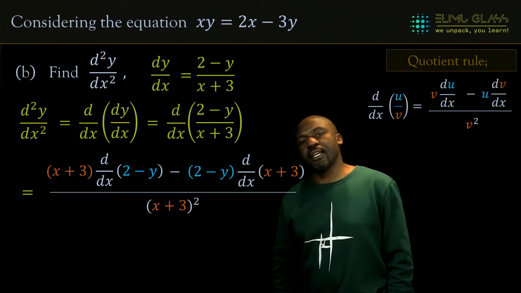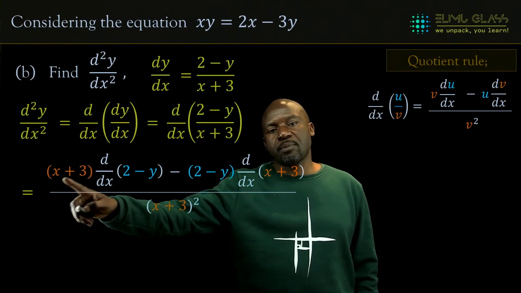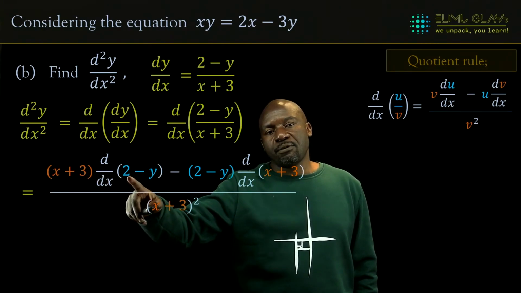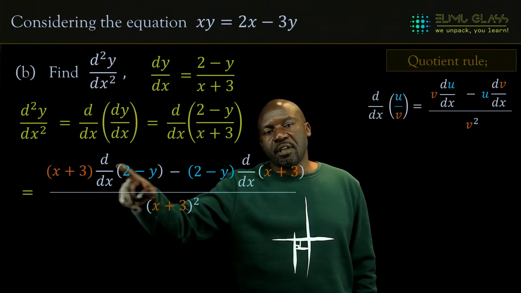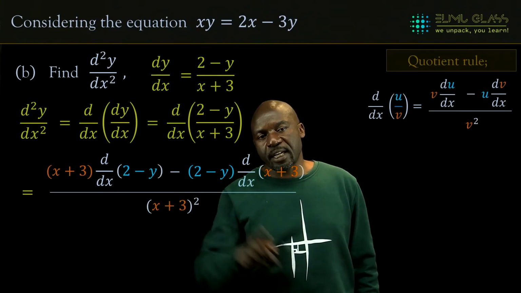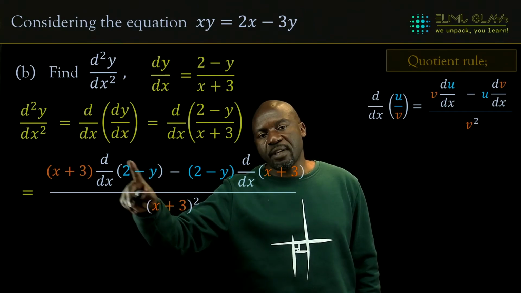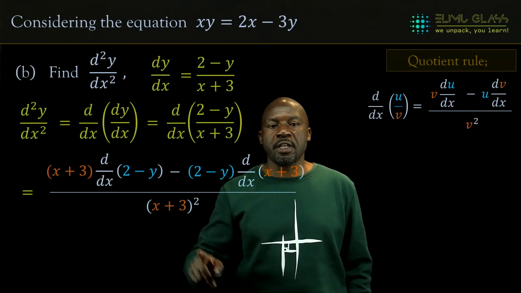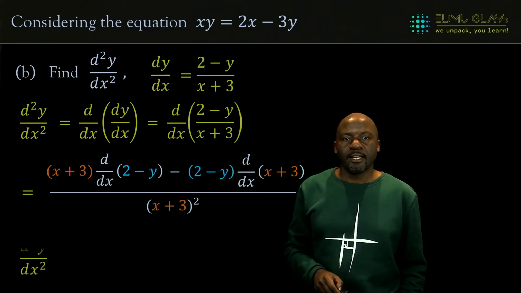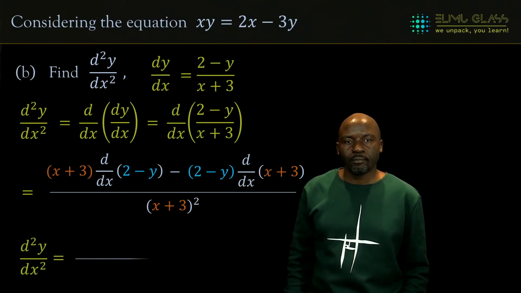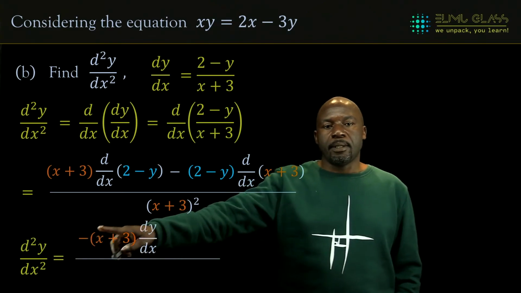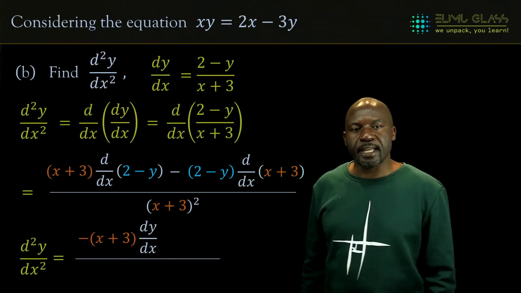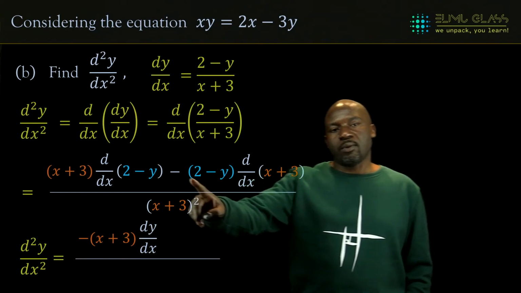If we simplify this, this is just going to be (x plus 3), the derivative of 2 is 0, the derivative of y is just dy by dx, but it is negative, so we'll have negative (x plus 3) dy by dx. Let's look at the second term.